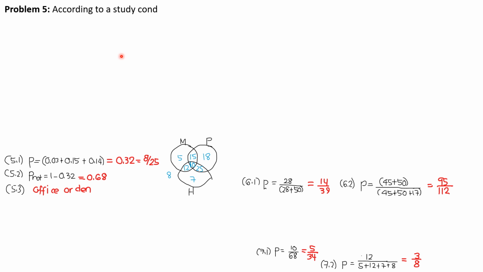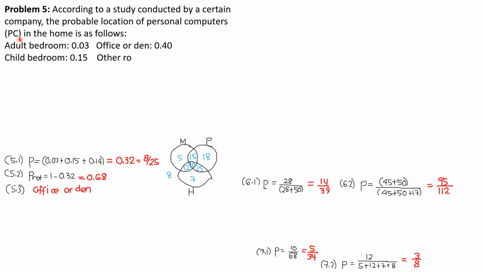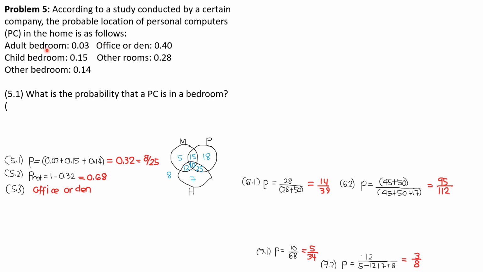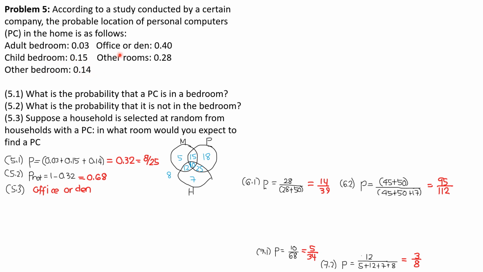So problem 5, according to a study conducted by a certain company, the probable location of personal computers in the home is as follows. So we have adult bedroom 0.03, child bedroom 0.15, other bedroom 0.14, office or den 0.4, other rooms 0.28.